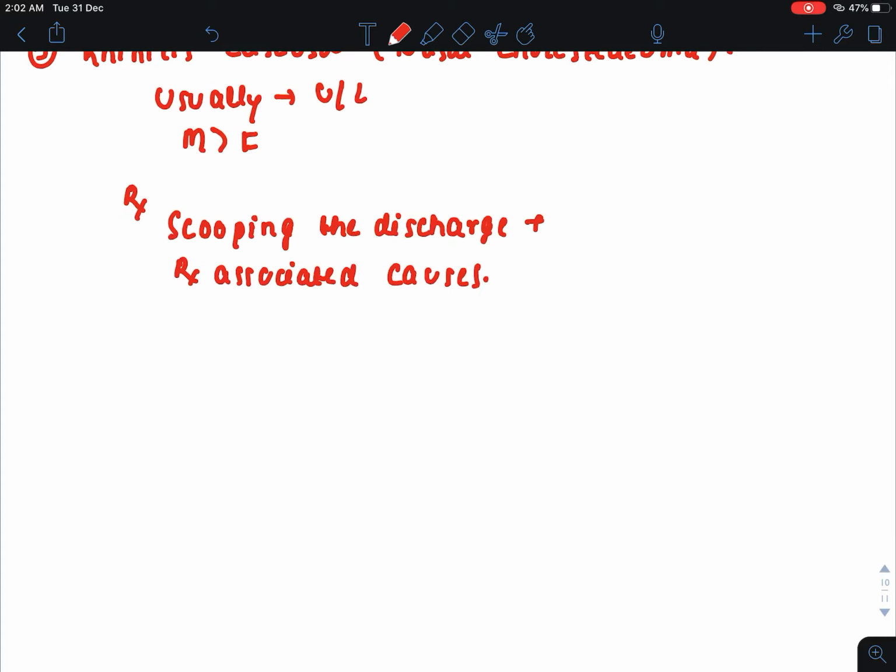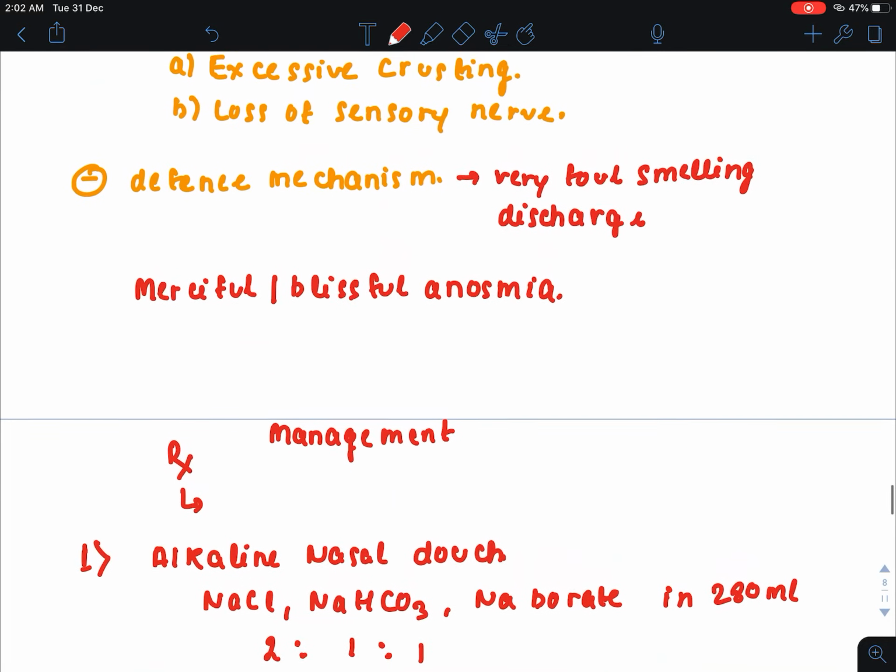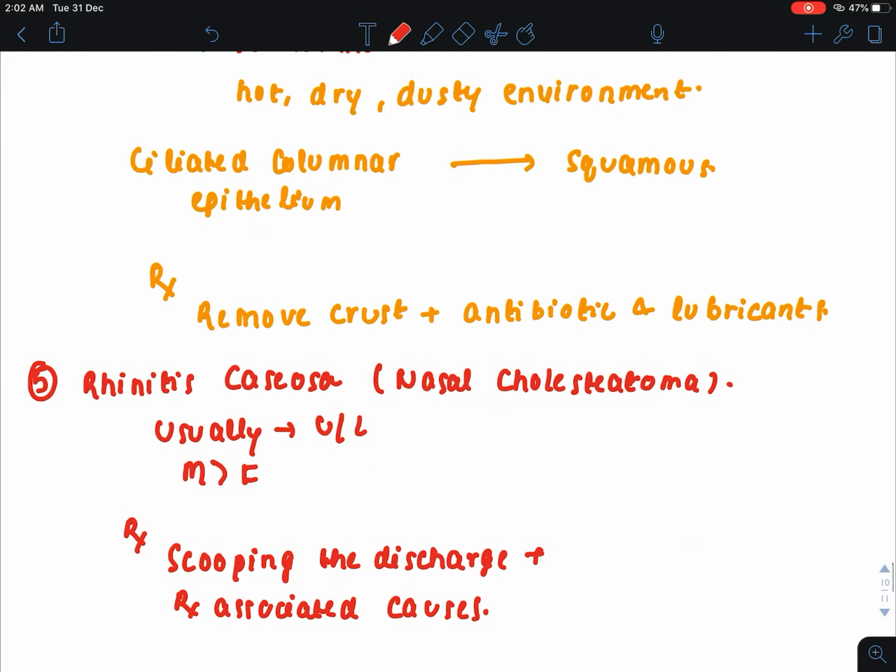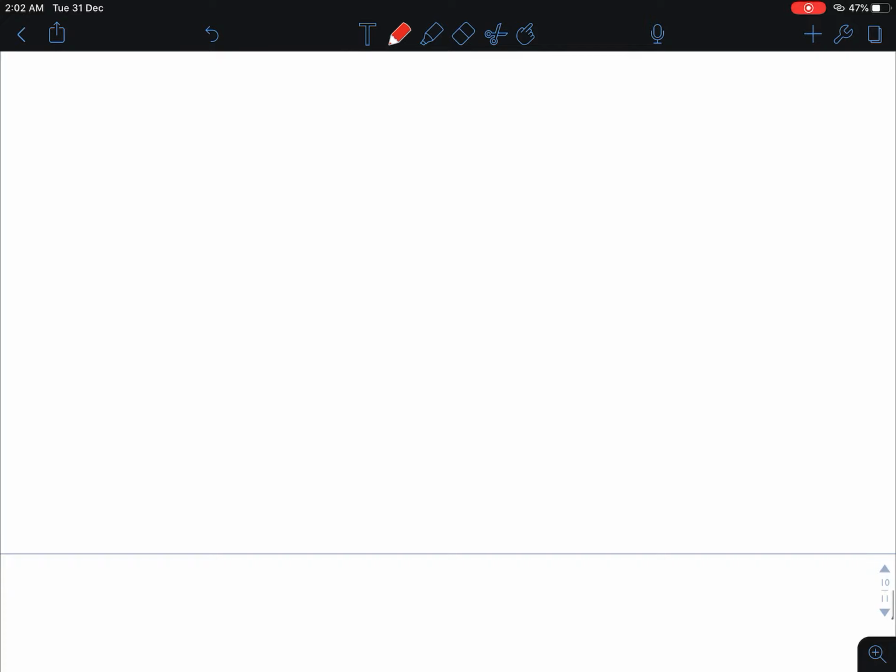So now we have completed each and every type of rhinitis, but still we are missing two more, and they are allergic rhinitis and vasomotor rhinitis.